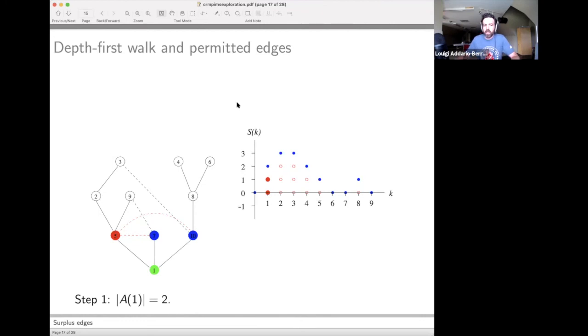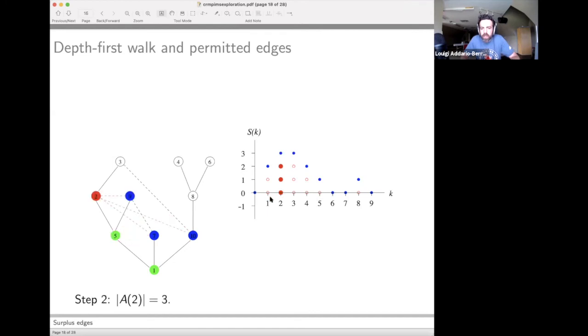Okay, so I've drawn those two dashed edges, and then I've also indicated those two edges by the 2 dots above the k equals 1 in the discrete exploration process on the right.